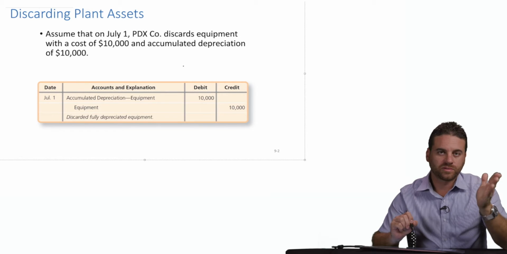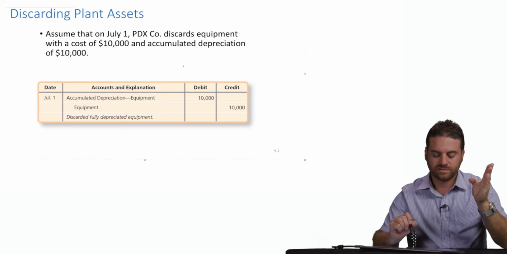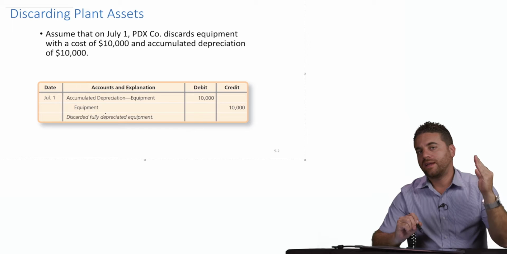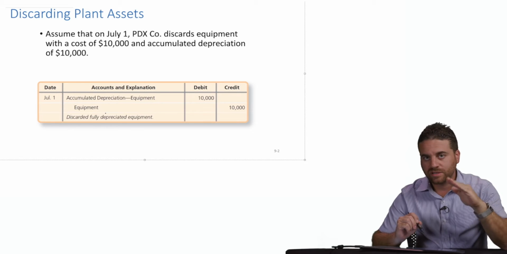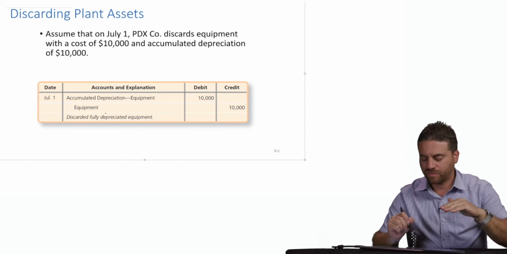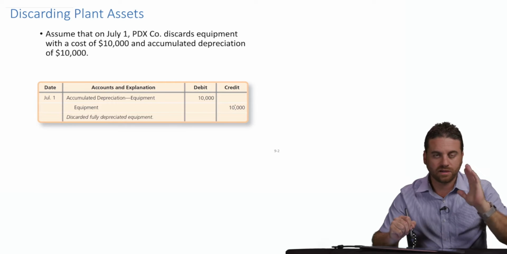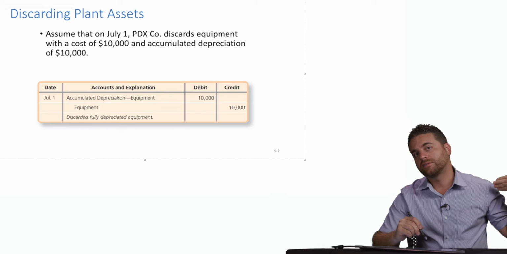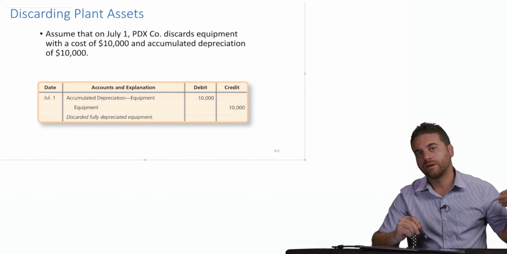So it's a very straightforward journal entry. It will have only 2 accounts, accumulated depreciation and equipment. The equipment account is an asset with a debit balance, so to decrease it, it has to go to the credit side with the entire $10,000 because it's gone, and that was the original value. And then we had a balance of 10,000 in accumulated depreciation so far.